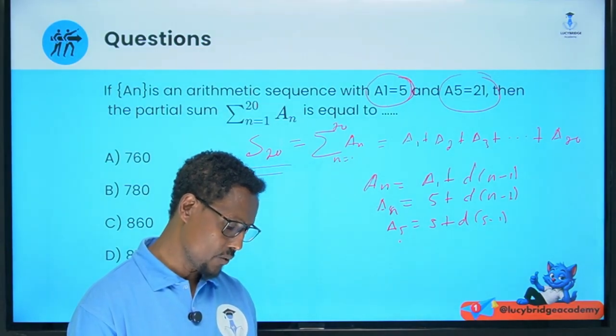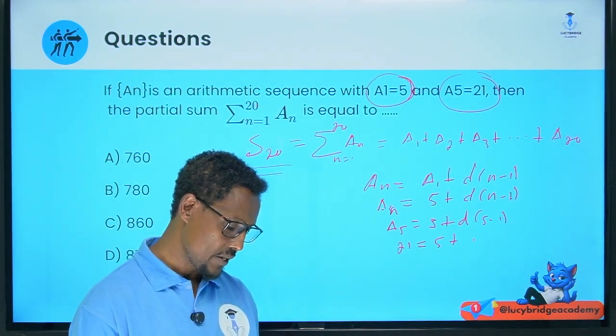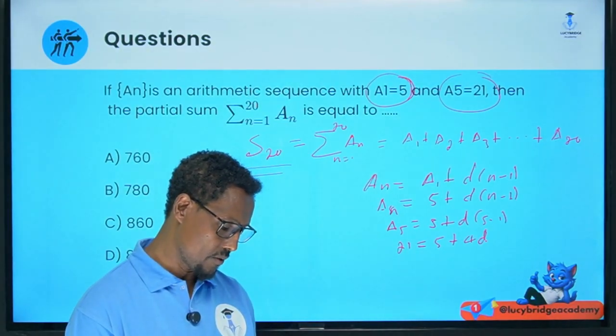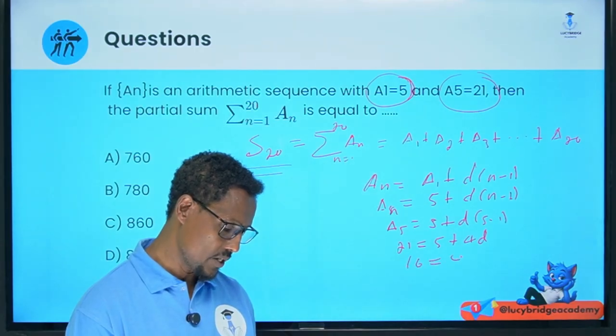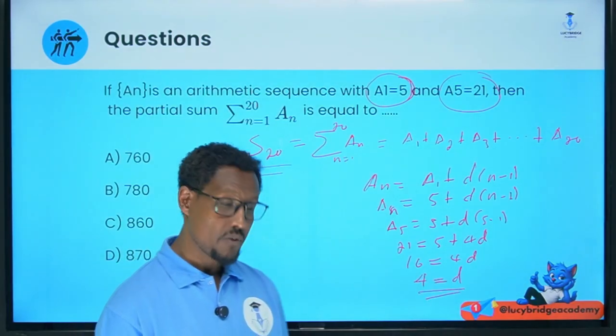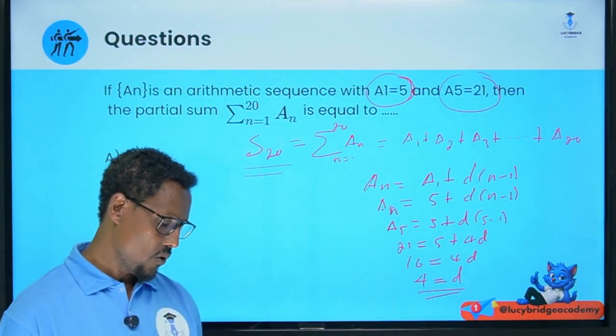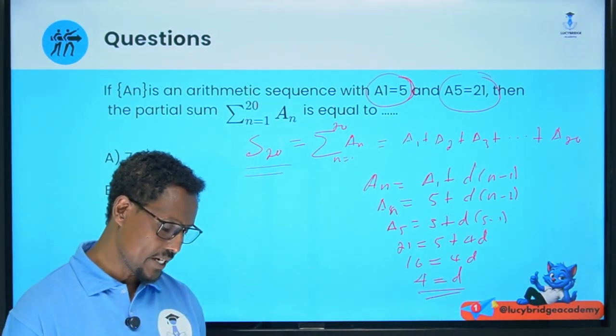But a5 is 21 because it's given: 5 plus 4d. 21 minus 5 is 16, which is equal to 4d. Dividing both sides by 4, d is equal to 4. So if d is 4, we can find the nth term.